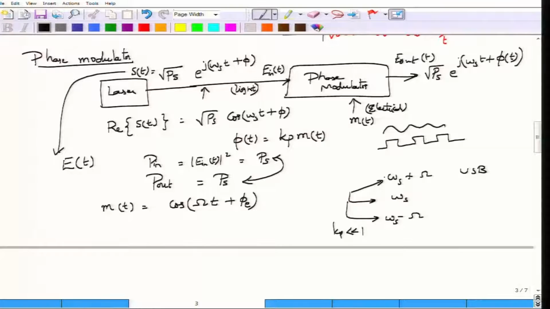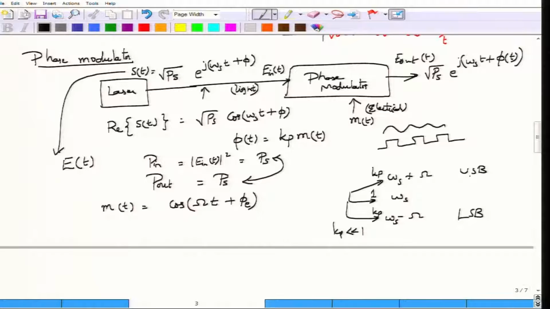The amplitude of these things will depend on the Kp that you are giving, but for Kp which is very small, you can think of the amplitude as being essentially unchanged at the carrier, and the amplitude of the sidebands are down to Kp and Kp. So, the amplitude of the carrier is essentially 1 because it has not changed much, and Kp would be the amplitude of the upper sideband as well as the lower sideband.